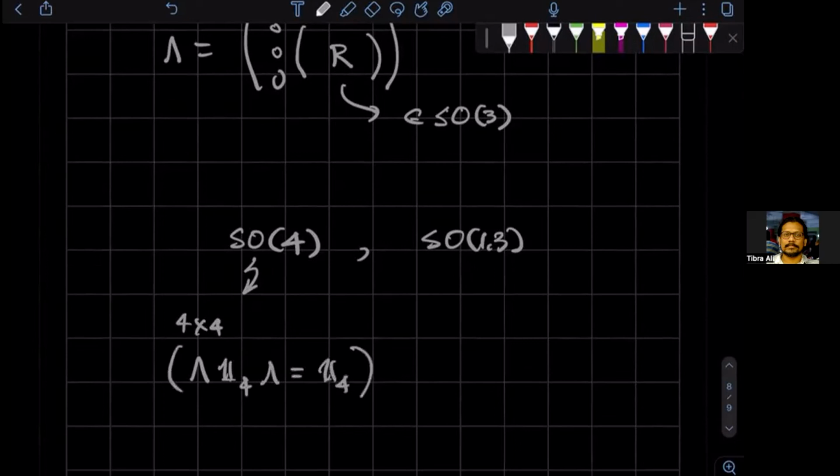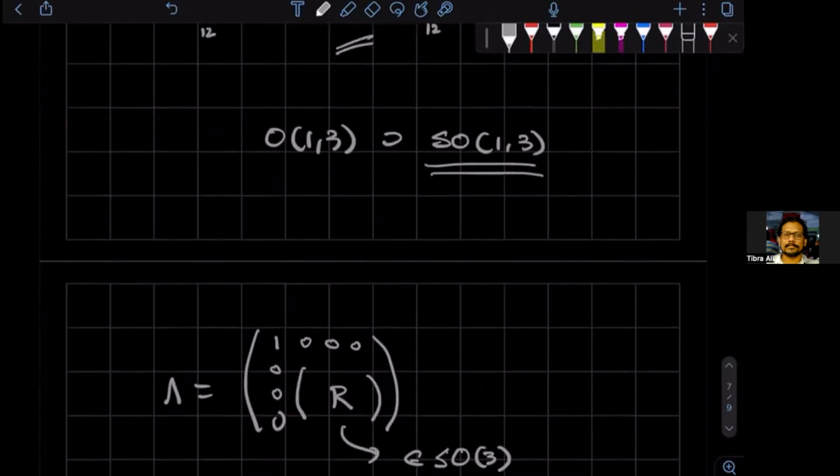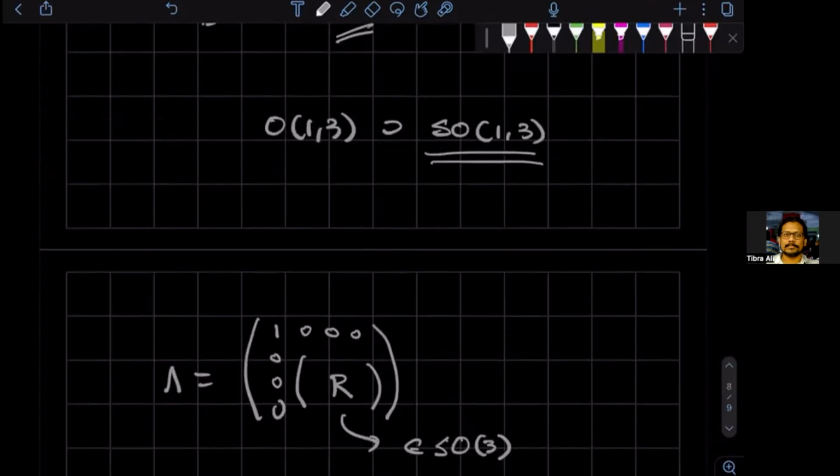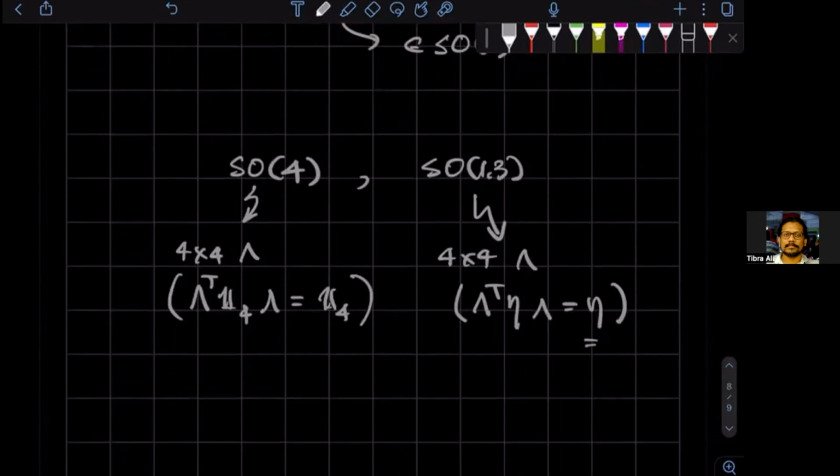Okay, so this is the identity matrix. SO(1,3) are the 4 by 4 matrices lambda which satisfy lambda transpose eta lambda equals eta, where eta is given by this matrix. Okay, so that's the difference between SO(4) and SO(1,3).